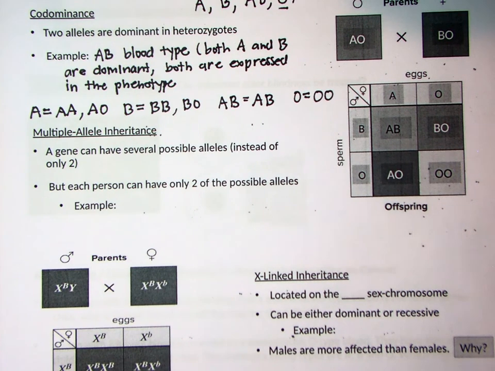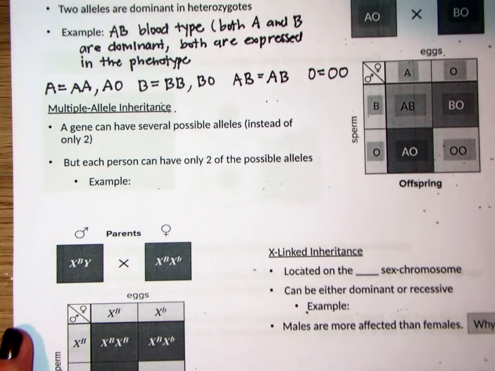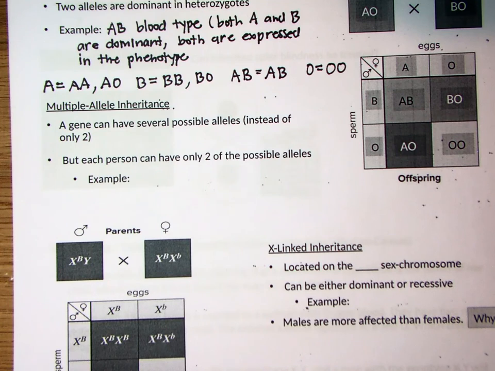Alright, multiple allele inheritance. A gene can have several possible alleles instead of just 2. So far we've only looked at it with just 2 possible alleles. But each person can have only 2 of the possible alleles. So there are multiple allele types, but you only inherit 2.